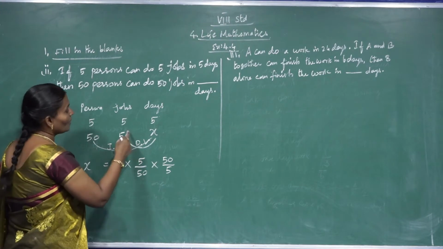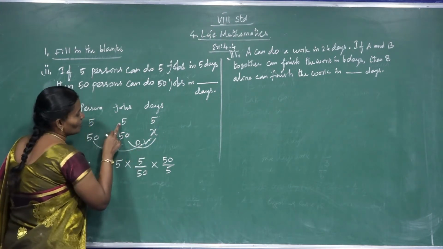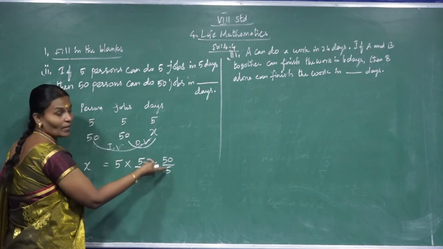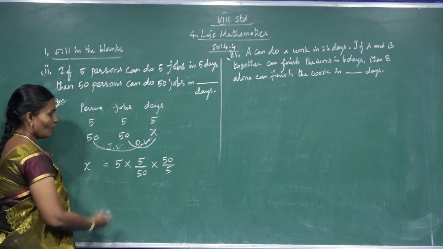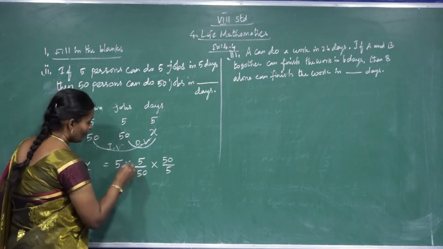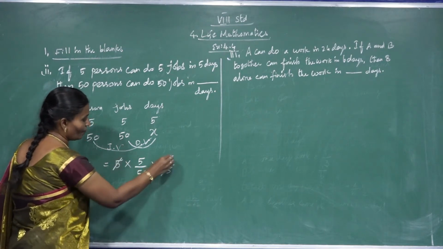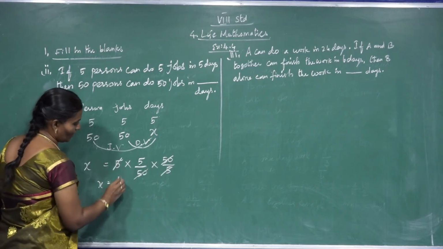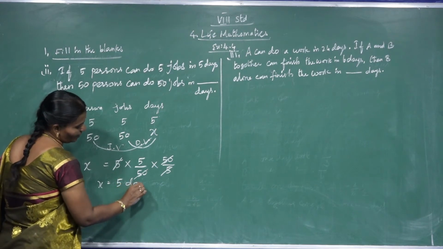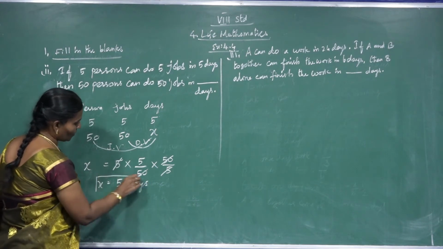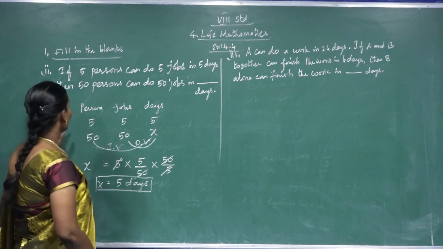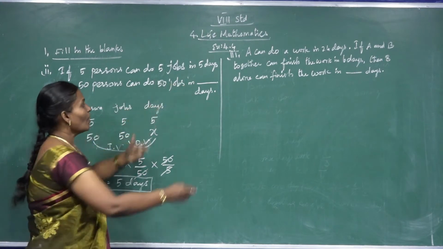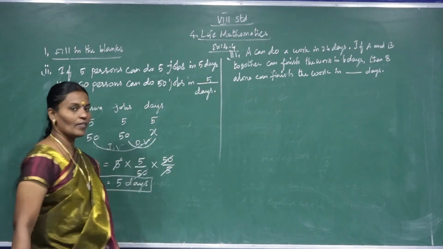If direct variation, first one in denominator and second one in numerator, that is, the reciprocal. Good. Now simplify this. 5 cancels, 50 cancels. So how many days do we need? 5 days. So 50 persons can do 50 jobs in 5 days.